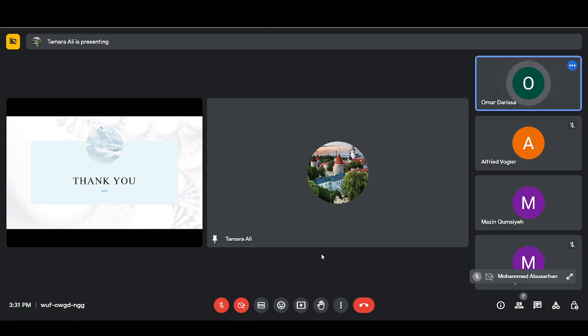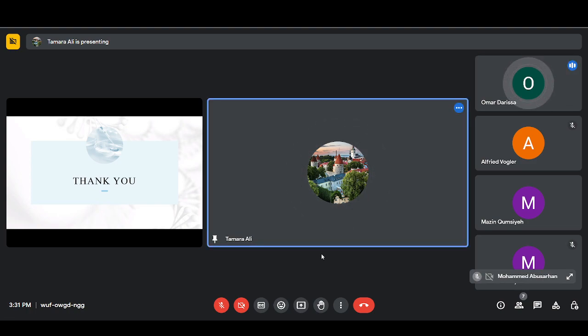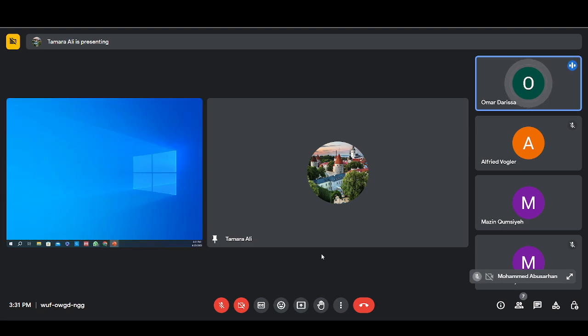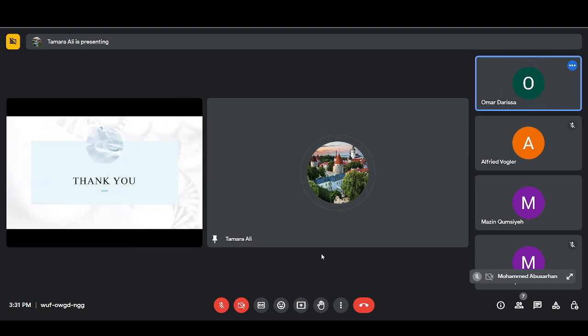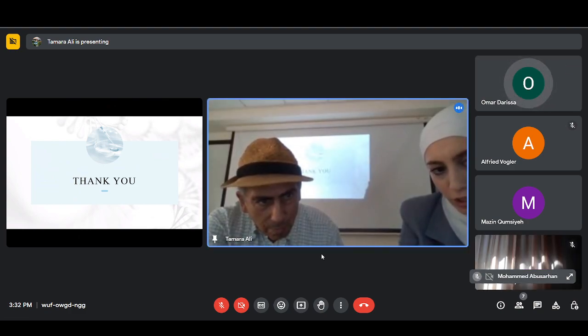My question: is there a label in the circular one? There is a label, the Palestinian ones are yellow. No, there is no label in the circular one, the biggest one.